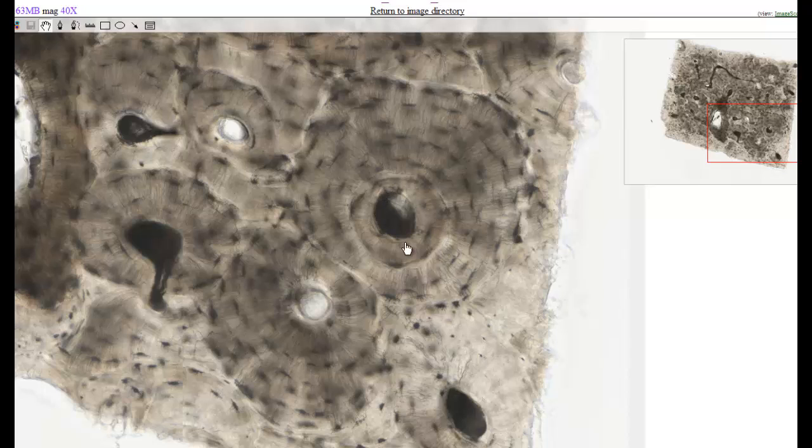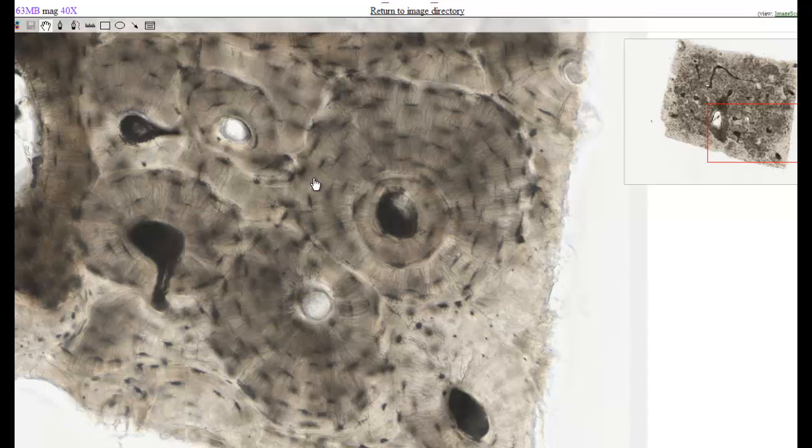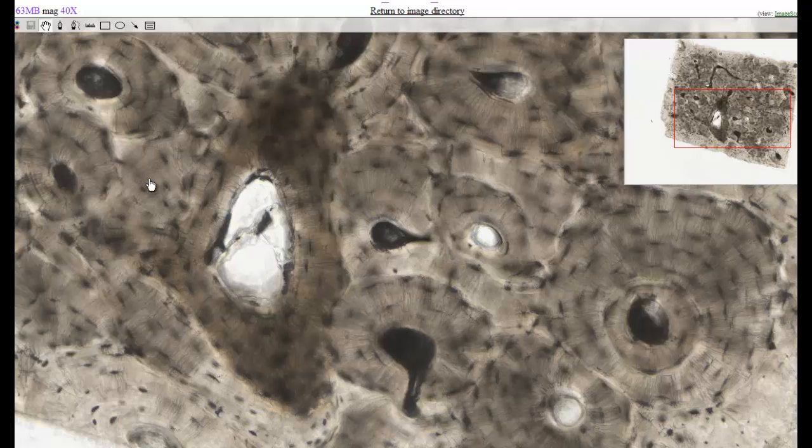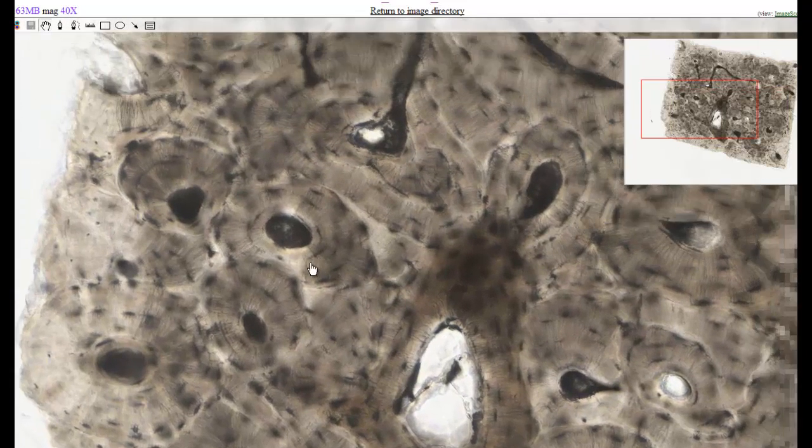Now, these rings, can you see rings upon rings upon rings? Those are the concentric lamellae. And these little tiny cracks or fissures that we see emanating through the concentric lamellae perpendicular to its orientation, those are the canaliculi. And so this is what we would find as the slide really characteristic of compact bone.